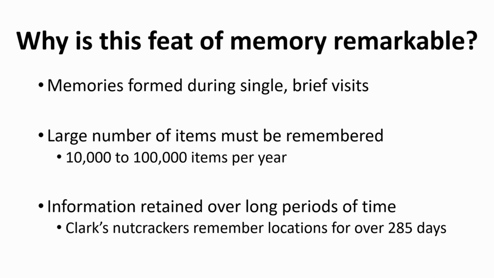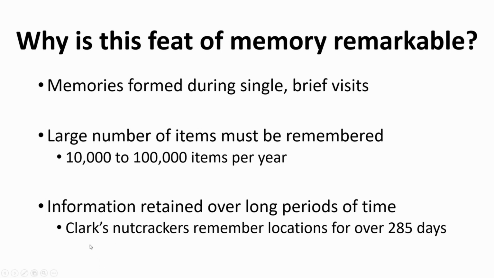And this information is retained over very long periods of time. Research with the Clark's nutcrackers, which are sort of the optimal species for studying this because they fall on the higher end of number of items cached each year, where it's nothing for them to cache 100,000 or more items every year.